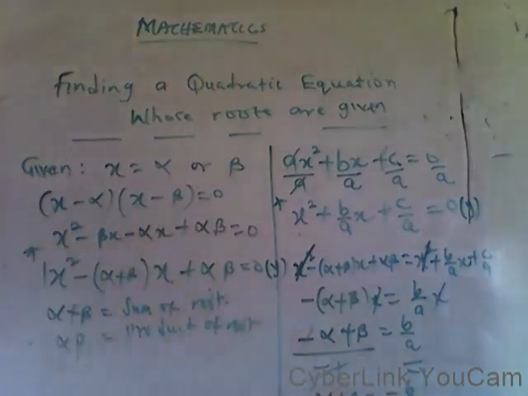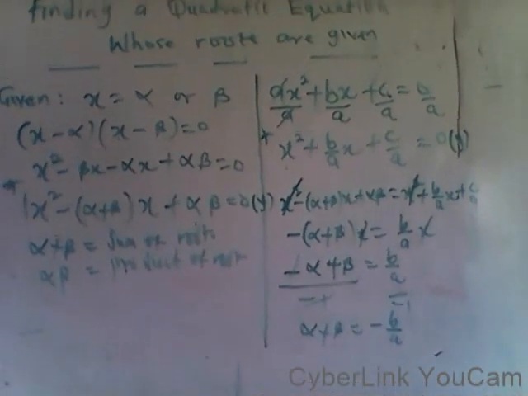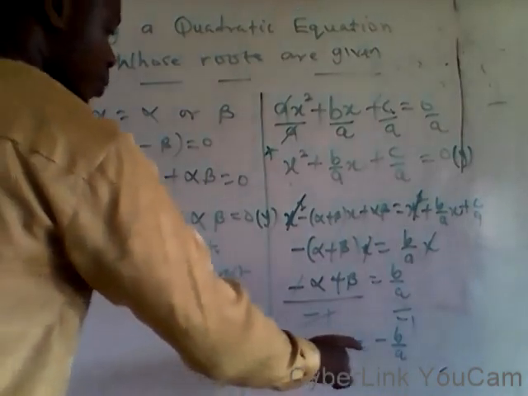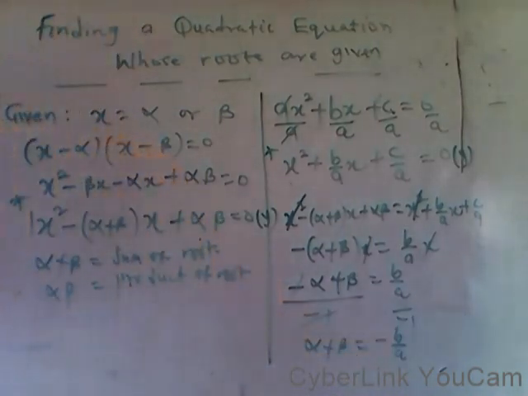It means now that the sum of the roots is minus b over a. Meaning that if you're looking for the sum of the roots, it is minus b over a. What about the product of the roots?